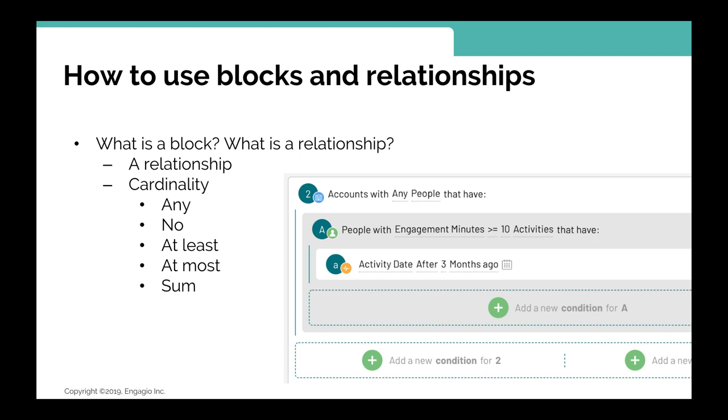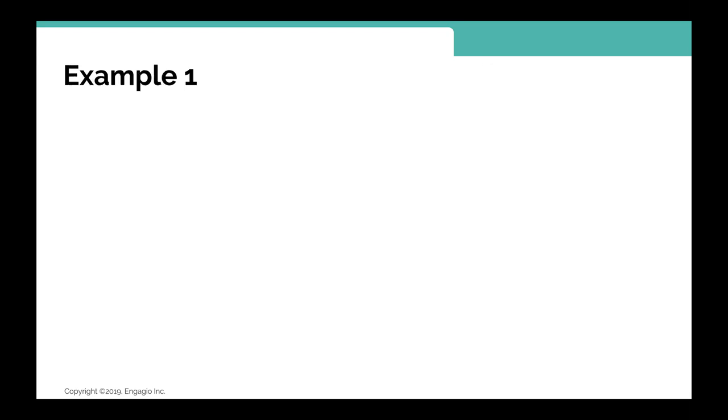This means that I'll look at all the activities that meet my criteria and then add up all of those engagement minutes. And if that's greater than or less than or whatever operator I choose, then it qualifies. This is really powerful and unique to our selectors. So I'll show you a couple examples.